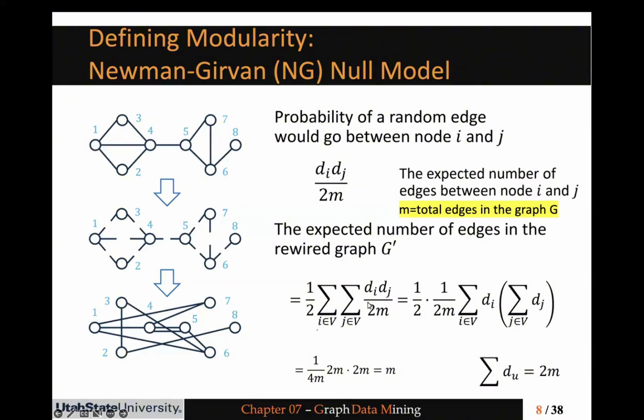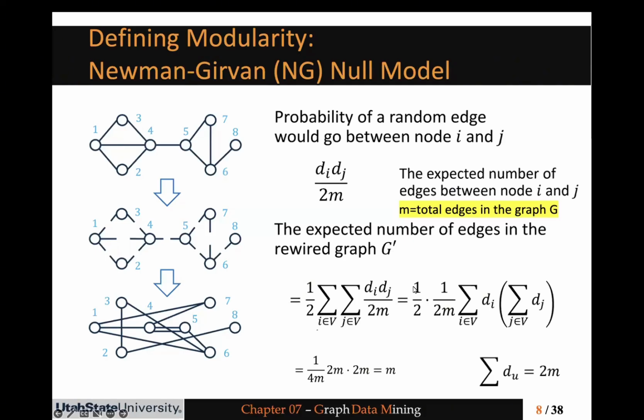So it is a pairwise sum across all the vertex pairs i and j of d_i times d_j over 2m, which means I'm computing the probability of edge existence between all the possible nodes in my graph, times 1 over 2, because here we are talking in terms of stubs. If you want to know the edge count, then it is 1 over 2 the number of stubs, because each stub is being counted twice, from the side of i and from the side of j as well.